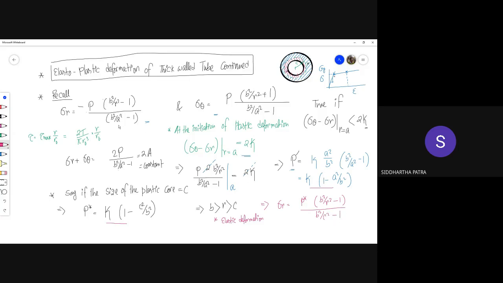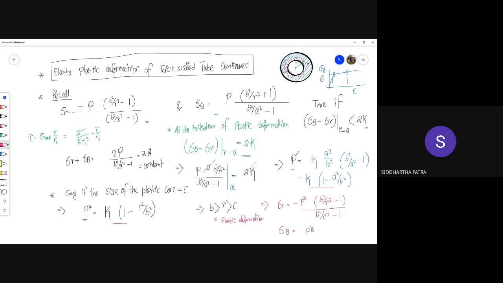So C takes the place of A, because now the elastic region is between C and B. And that means we are treating the elastic region, which starts from C, as a thick cylinder on its own, which is deforming elastically. And in that, this P star acts as an internal pressure. And this is the expression for the sigma theta, which would be, sorry, this one is minus.